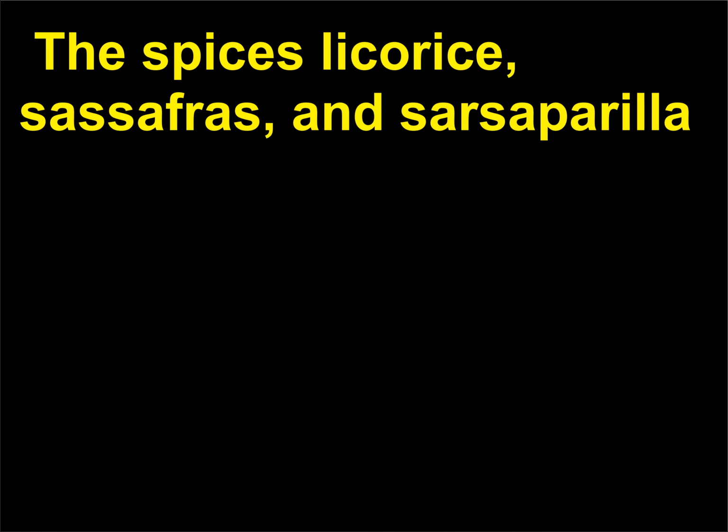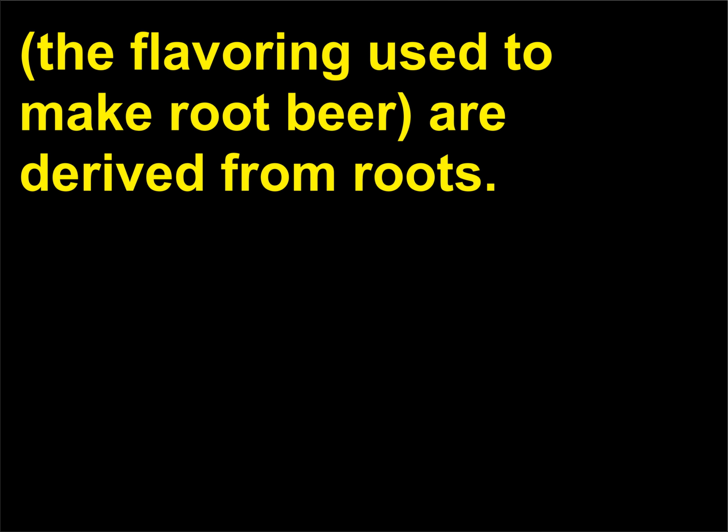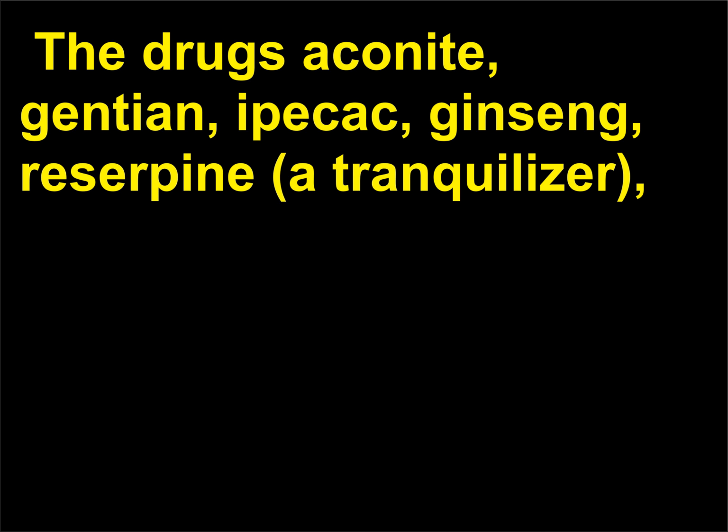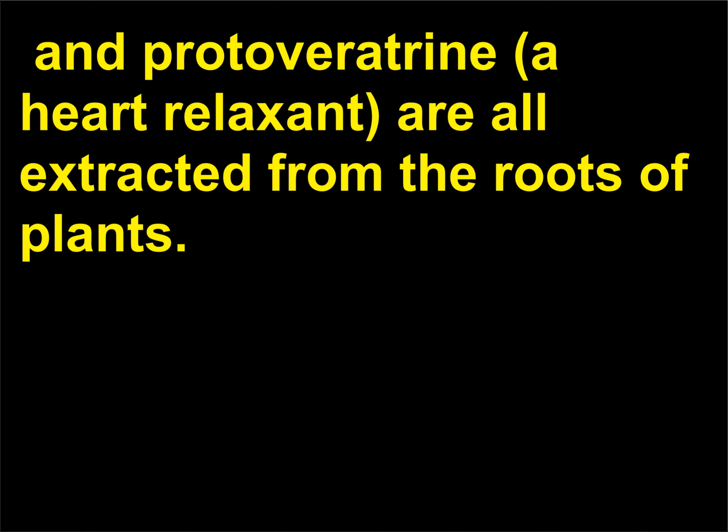The spices licorice, sassafras, and sarsaparilla, the flavoring used to make root beer, are derived from roots. The drugs aconite, gentian, ipecac, ginseng, reserpine, a tranquilizer, and protoveratrine, a heart relaxant, are all extracted from the roots of plants.